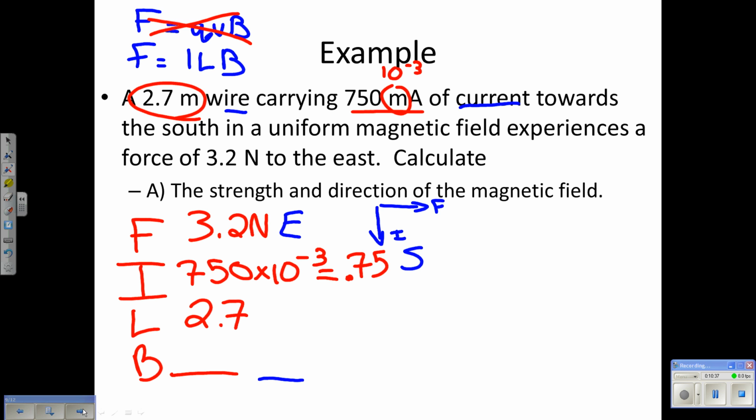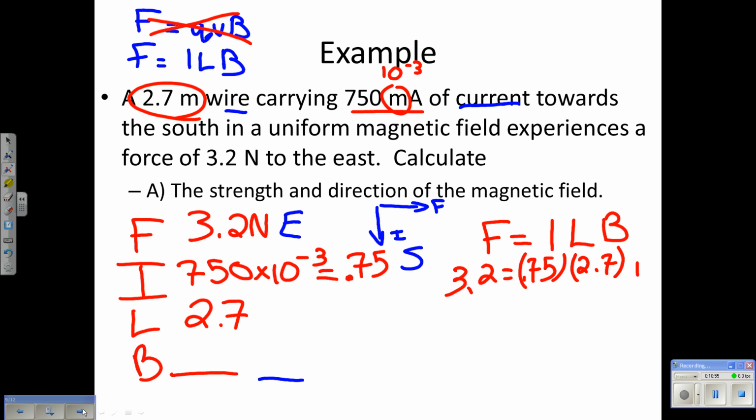Okay, let's give it a try. F equals ILB. 3.2 equals 0.75 times 2.7 times B. Plug it into your handy-dandy little calculator, and we're dividing both sides by 0.75 and 2.7 to get B alone.